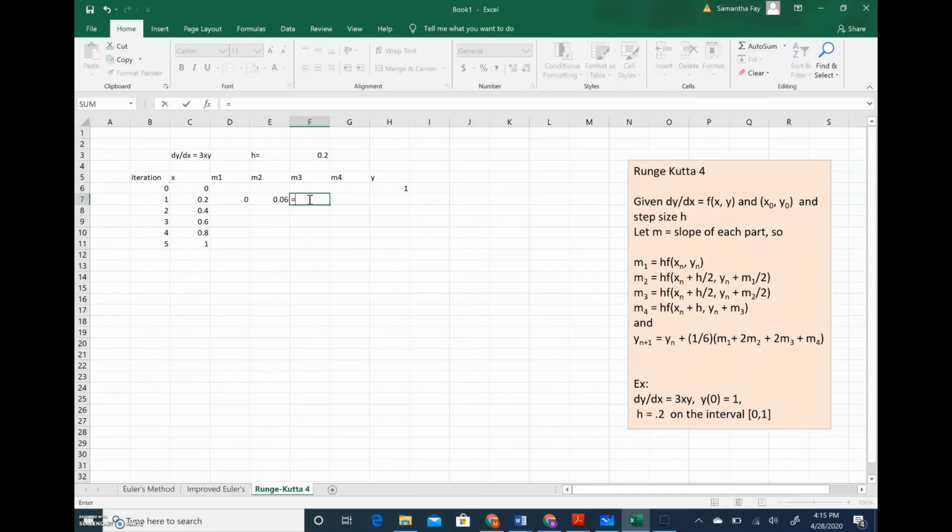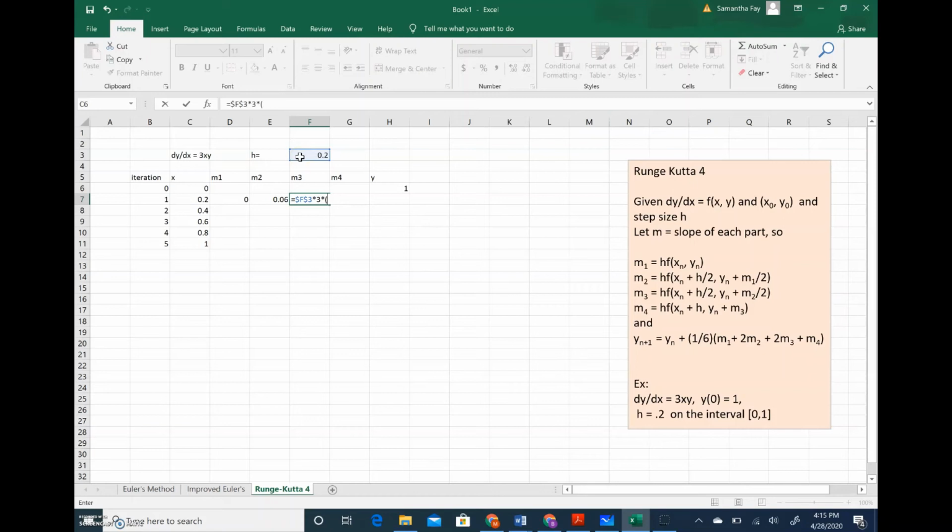Now m3 is my step that I don't want to change times my derivative with some funky stuff in it. So now my x value is my previous x value plus my, oh, I need parentheses around that, won't I?